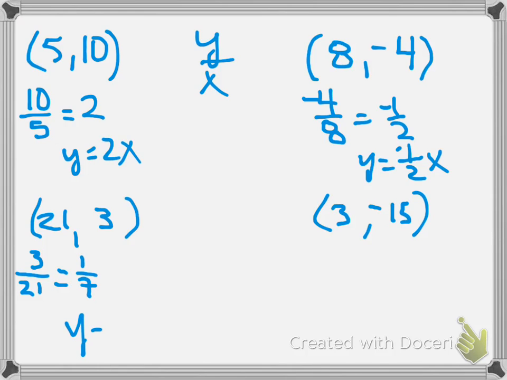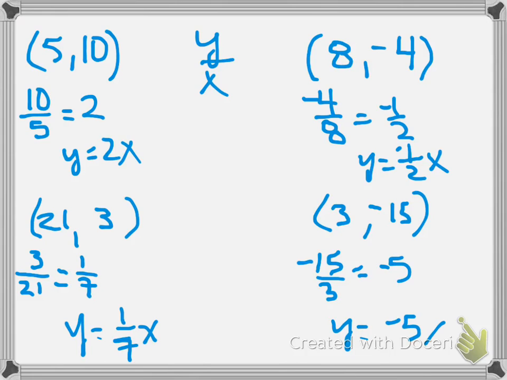So this equation is y is equal to 1 over 7x. Negative 15 divided by 3 is equal to negative 5. So y is equal to negative 5x. It's very important to make sure you stick to the whole y over x bit to come up with the equation.